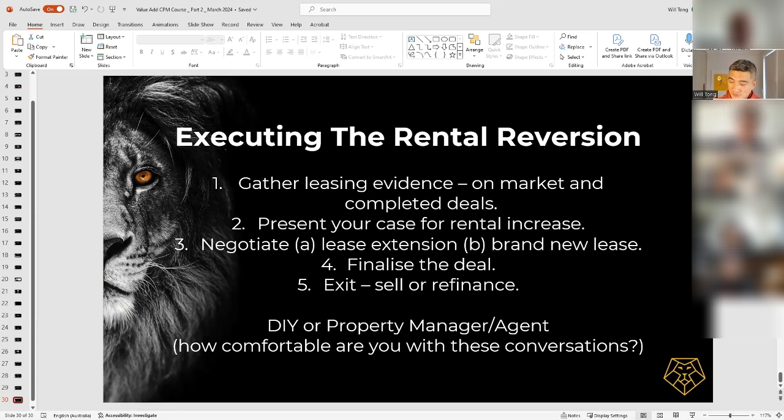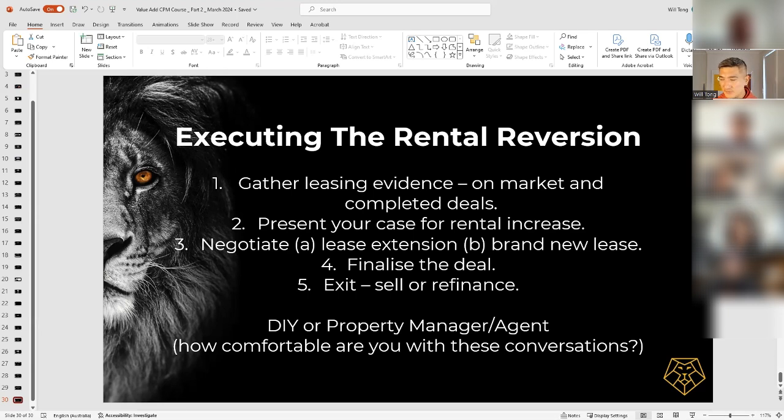So sometimes you might want to leverage that relationship. Rather than you going in cold, saying I'm the landlord and I want to increase your rent, you get a friendly face in there, and sometimes that helps. So there's less resistance, there's less friction. But it's completely up to you guys, obviously.